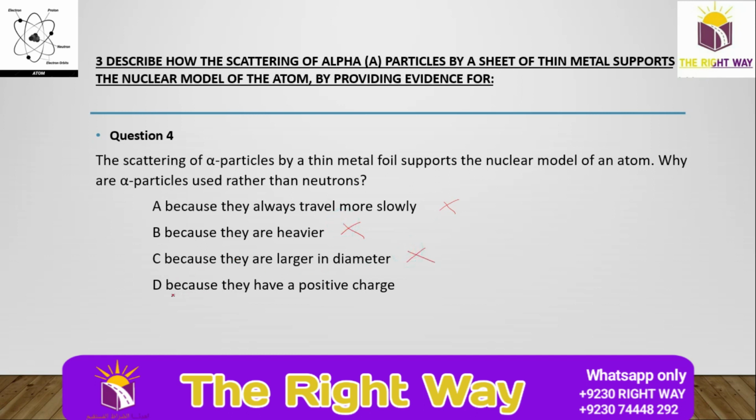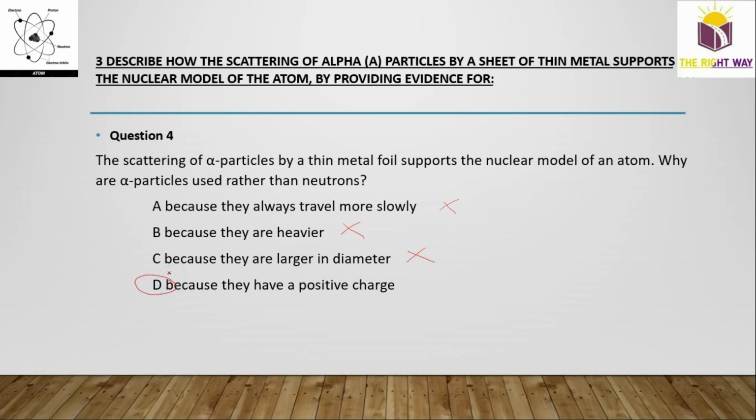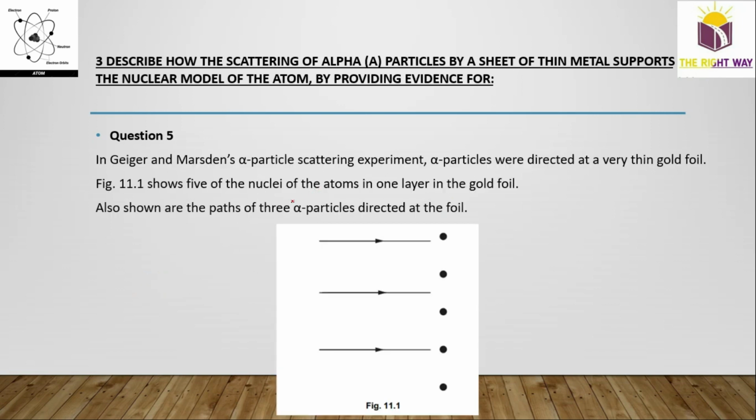No. Because they have a positive charge. We have used positive charge because positive charge repels positive charge and attracts negative charge. If we use neutrons, neutrons will not be affected by anything because neutrons are neutral. So it will not detect the charge of the atom.